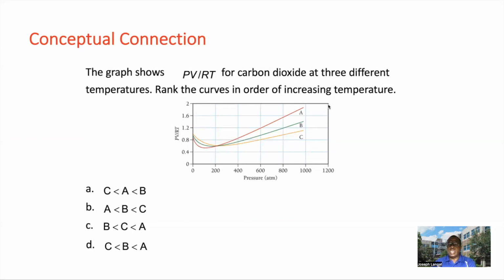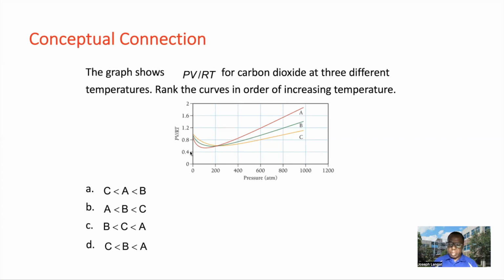How will you know whether this is increasing or decreasing? We have not been given that. From the understanding of real gases versus what I gave you earlier on, remember at low temperature and high pressure, real gases deviate from ideality, right?